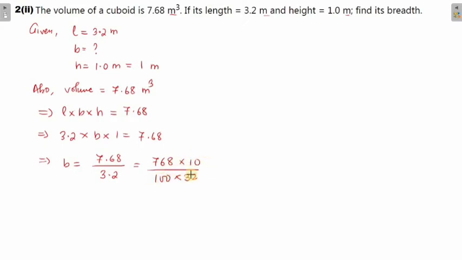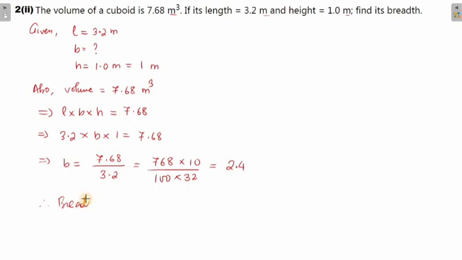So do this cancellation and check how much you get. When you divide, you get your answer to be 2.4. So your answer is going to be 2.4. All right, so therefore how much is breadth?